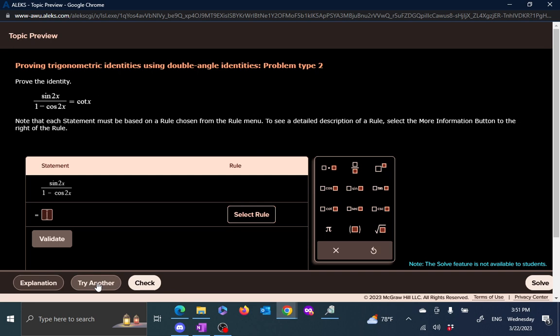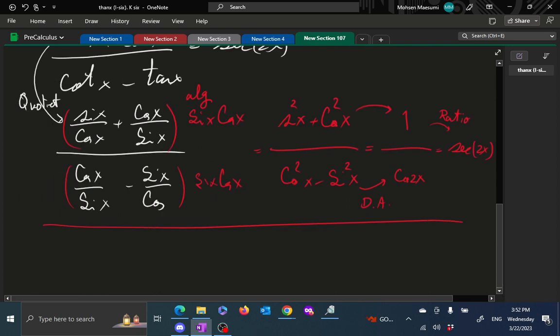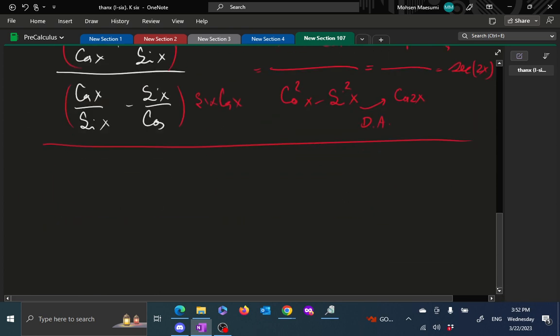Sine of 2x over 1 minus cosine of 2x. We want to show that this is the same as cotangent of x. Let's go on paper to see what's happening here. Sine of 2x over, so what did we have?